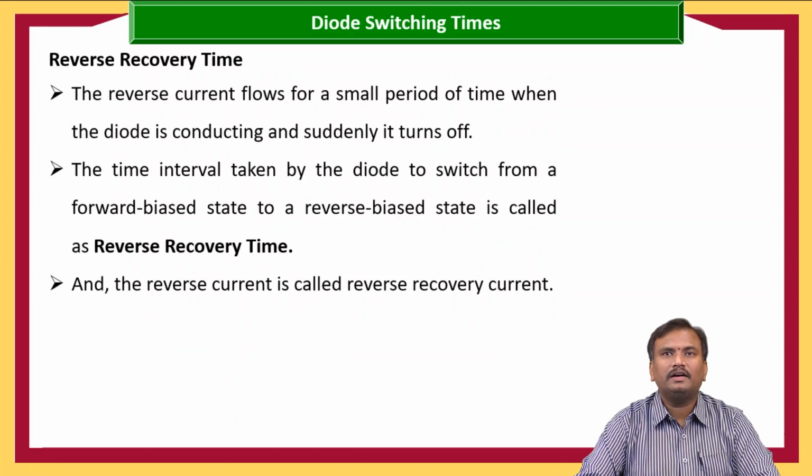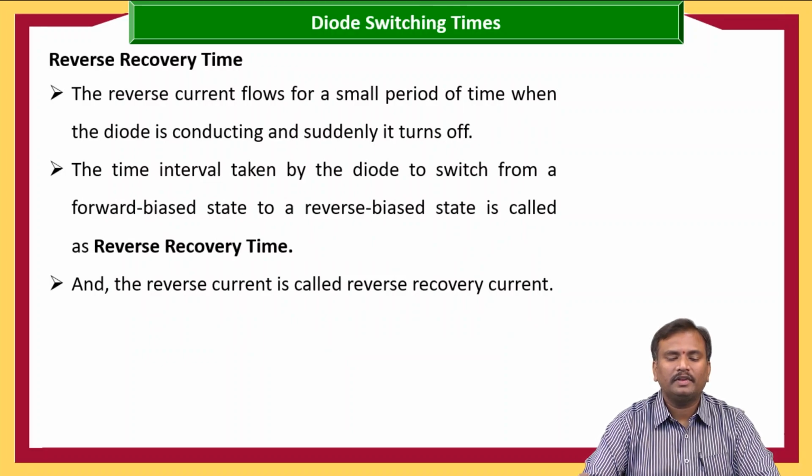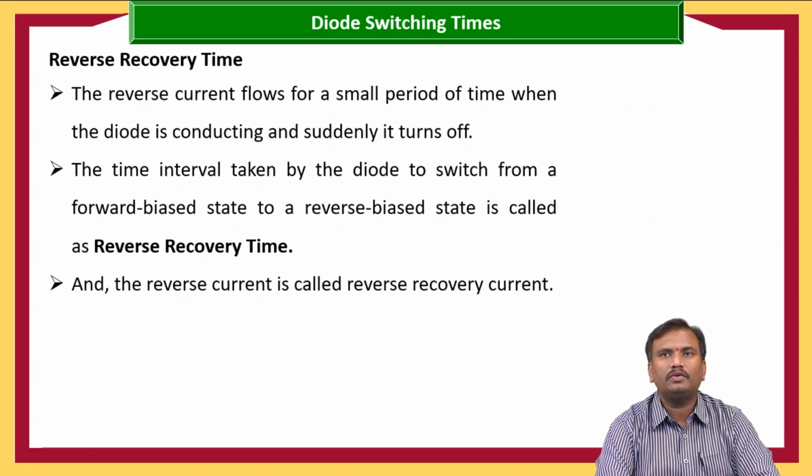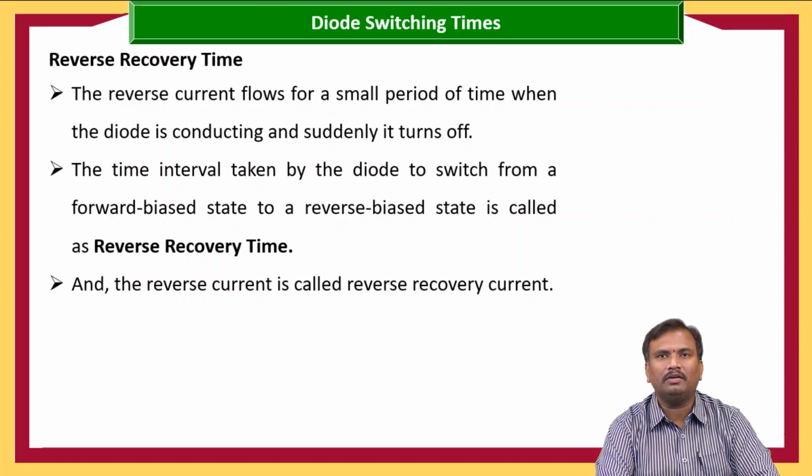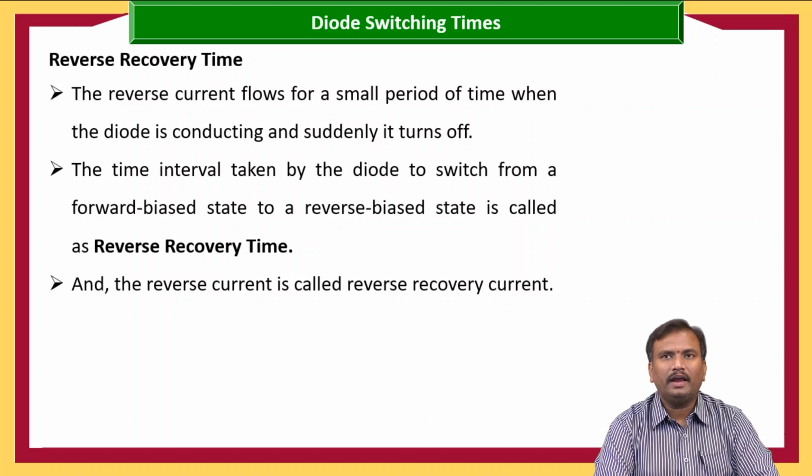And the next one is the reverse recovery time. Here reverse current flows for a small period of time when the diode is conducting and suddenly turns off. The time interval taken by the diode to switch from a forward bias state to the reverse bias state is called the reverse recovery time.